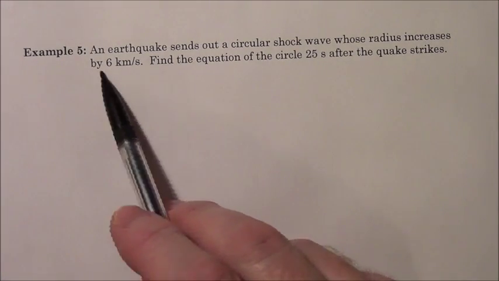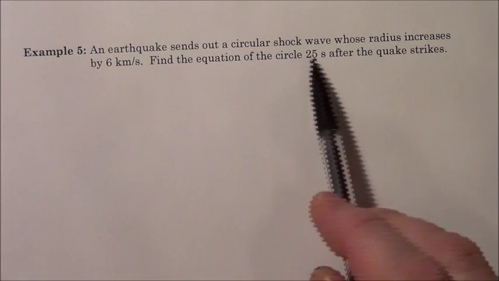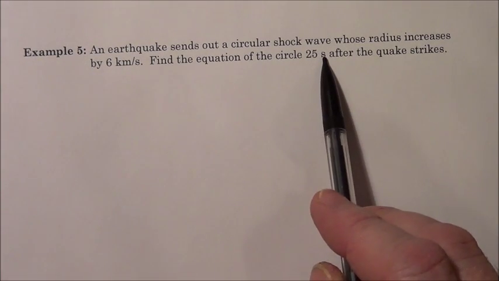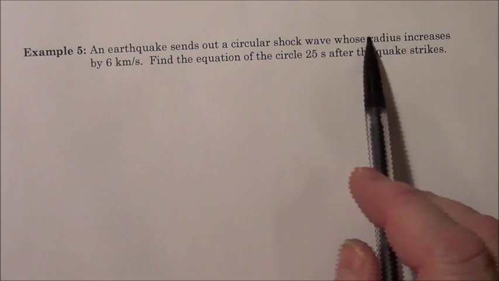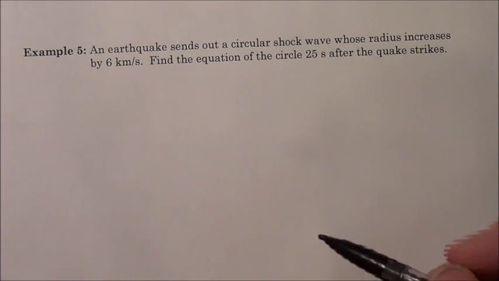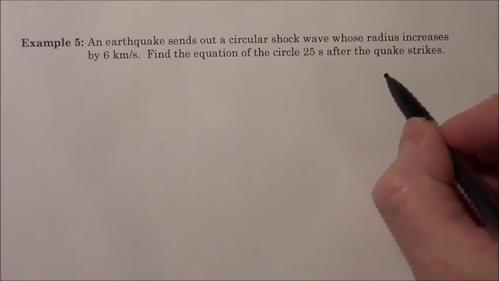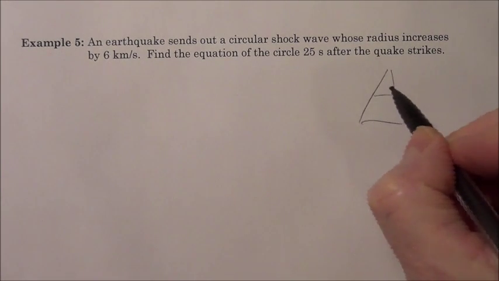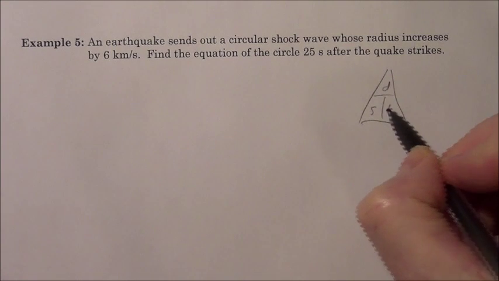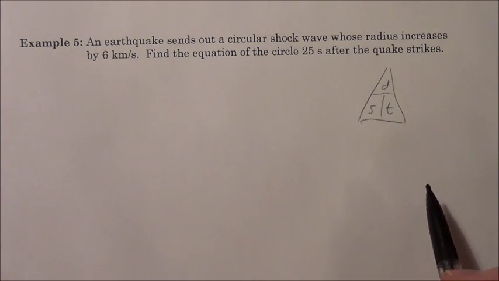Well, we're talking about speed here, and we're talking about time. And radius, of course, is distance. So hopefully what would spring to mind is that super handy distance, speed, time triangle that you know and love so well.